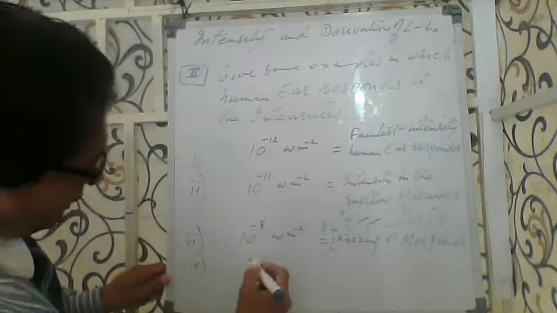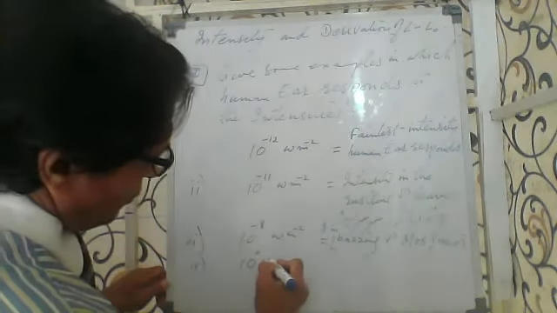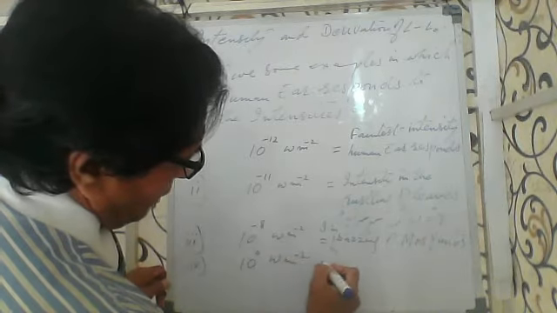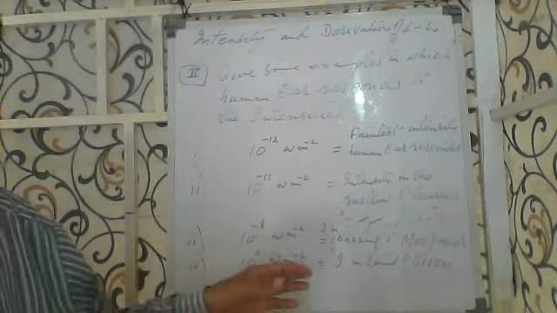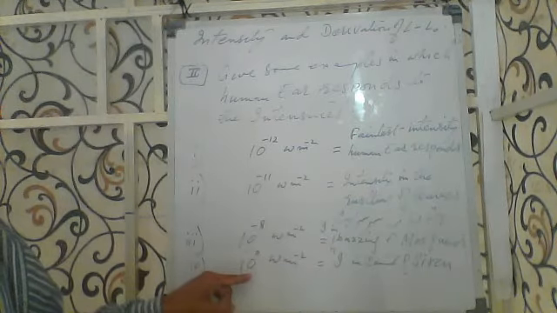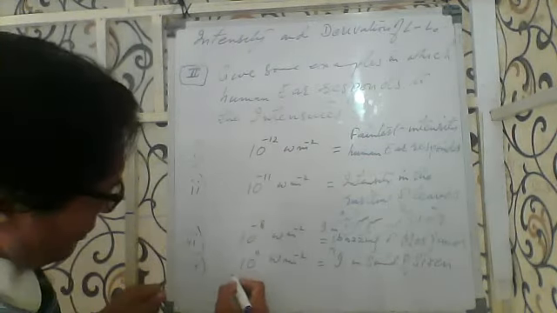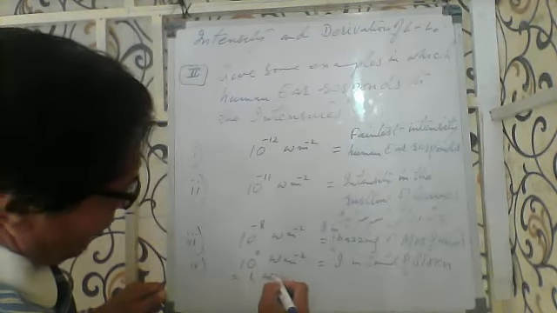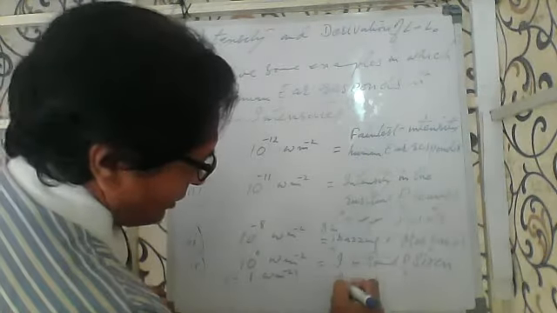Fourth, we will take 10 raised to power 0 watt per meter square, and that is the intensity in the sound of a siren. You hear the siren if you are nearby. Its intensity is 10 raised to power 0 watt per meter square, or as you know, it is equal to 1 watt per meter square.